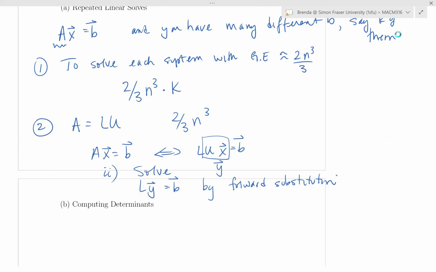And then after that, we're going to solve Ux equals y. Y is Ux. We actually want x. And we're going to be able to solve that because U is upper triangular, by backward substitution.